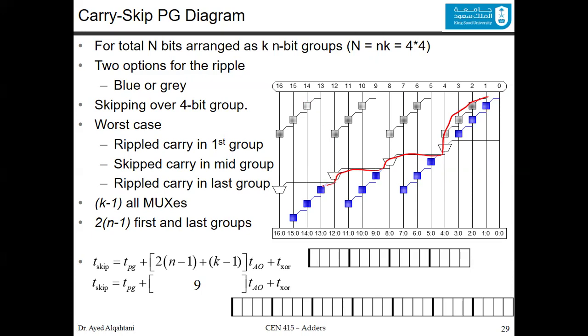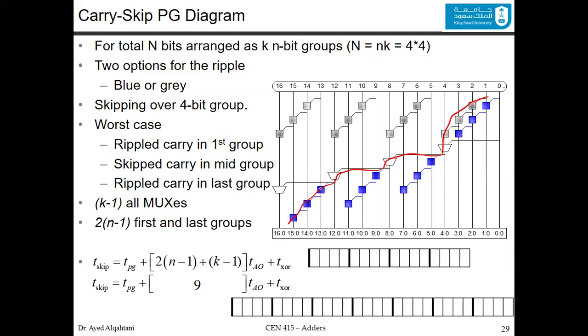We go and ripple here. And that's why we have the blue cells here. We repeated the same thing, but we make it in this direction. Similarly for this one, we repeat it here, and this one we repeat it here, and this one, in case we started from 0 to 3, we repeat it right. And that's the worst case.